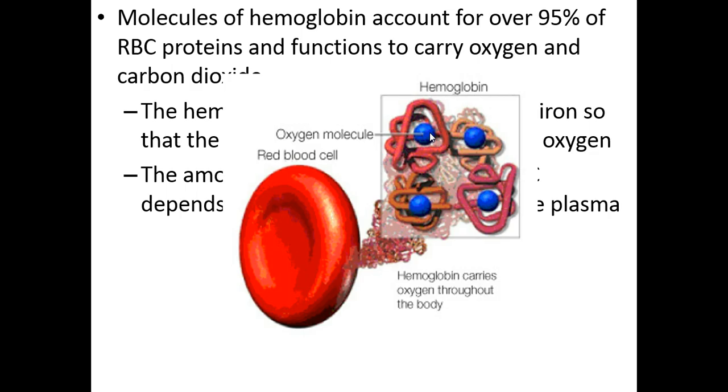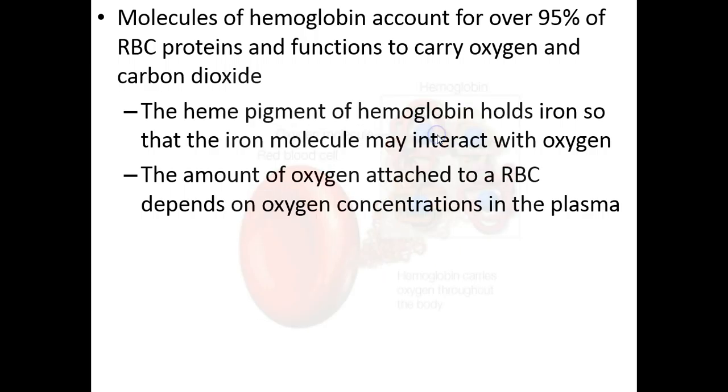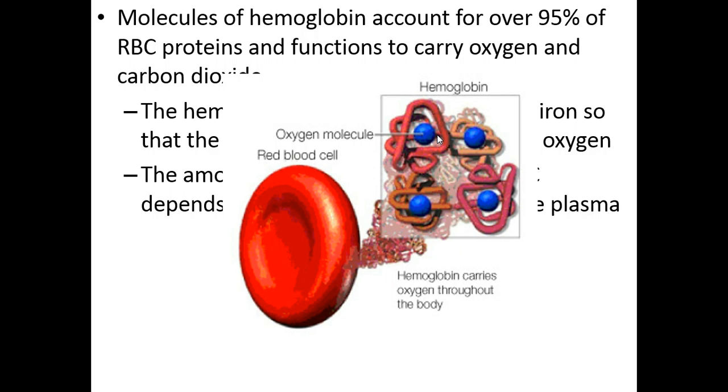If you have a deficiency of iron in your body, you lack the ability for the heme on the hemoglobin of your red blood cells to work appropriately or carry enough oxygen. A lot of people that are anemic experience drowsiness, fatigue, and tiredness. They bruise easily because there's not as much oxygen being carried throughout their entire body, which results in limited amounts of energy and that fatigue feeling.